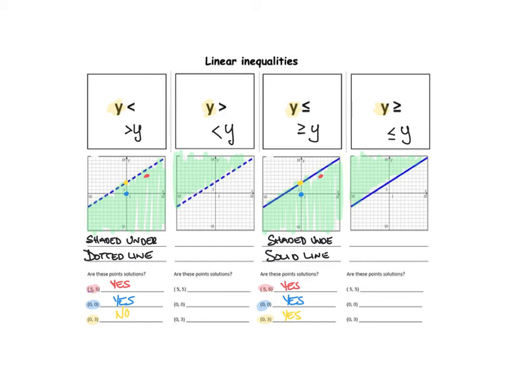So every time that I see this symbol right here, I know that number 1, I'm going to shade above because y is greater. But since I don't have the line under meaning equal, this is going to be a dotted line.